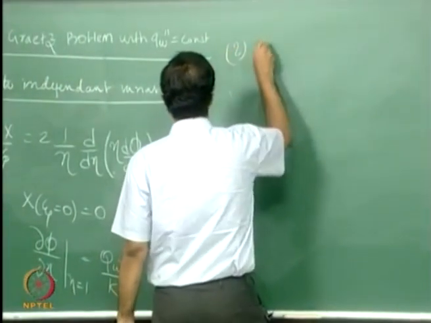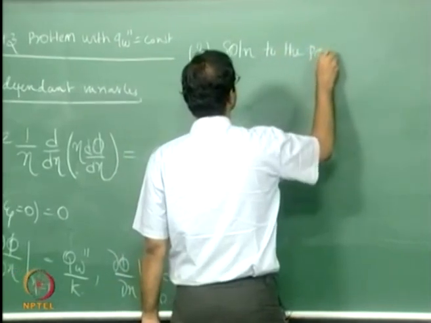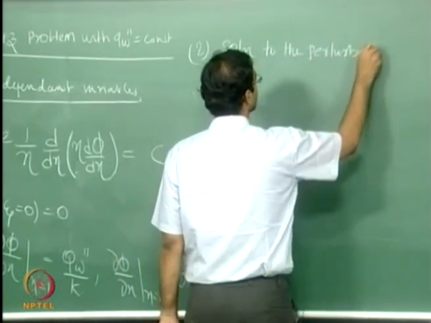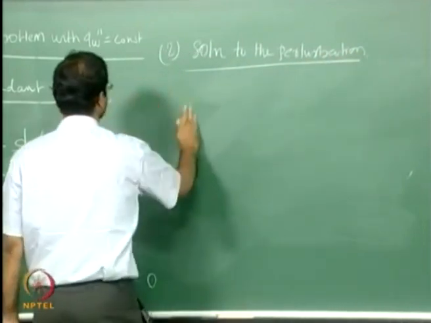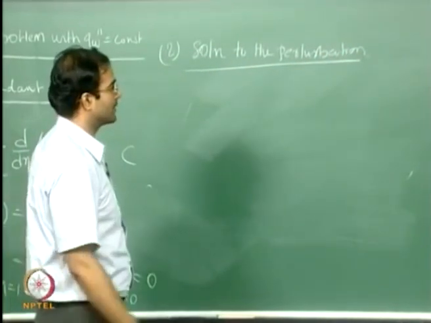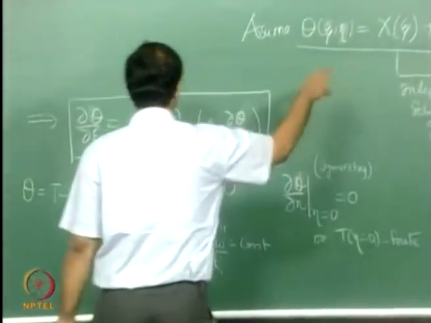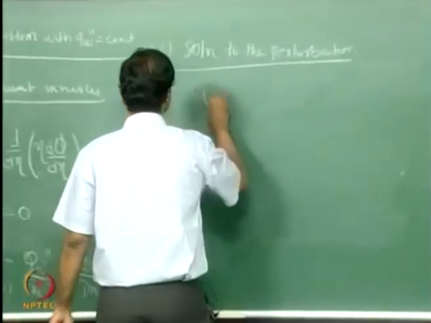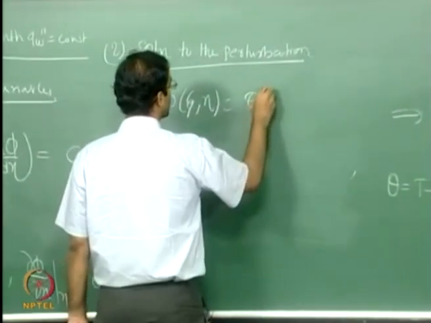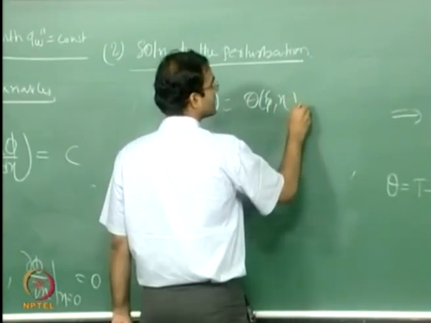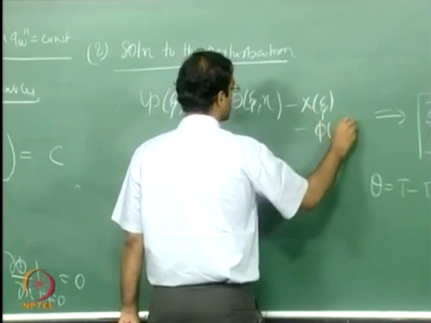So if I write the equation for the perturbation, I can just give the boundary conditions. So the boundary conditions for, say, psi can be written as theta minus x minus phi of eta.